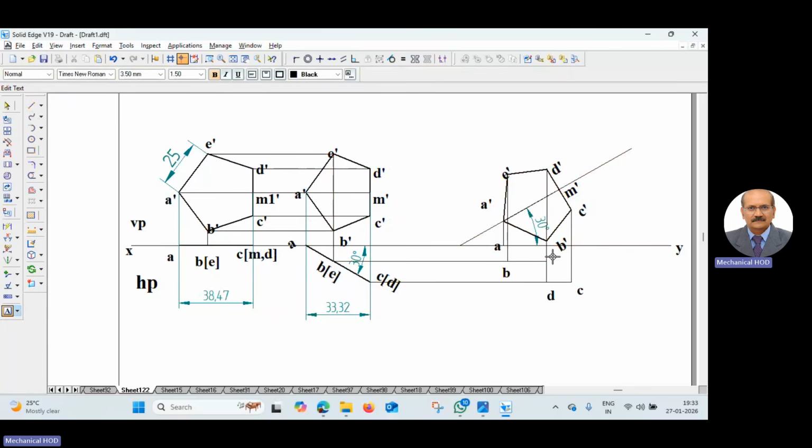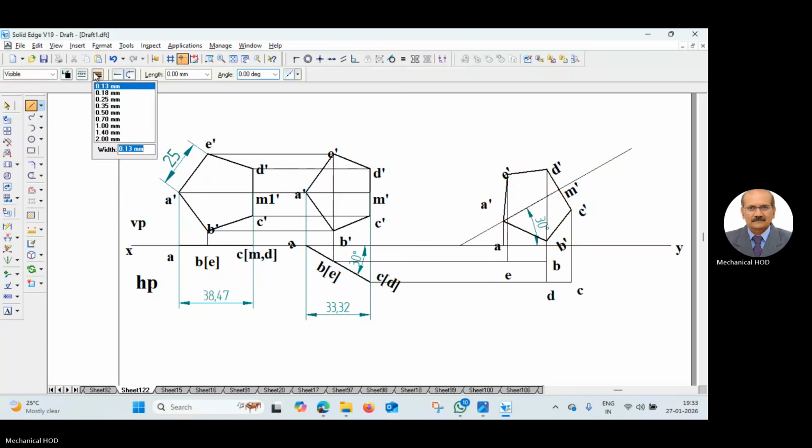Now this is B. And this is E. Name it correctly so that you will get the shape correct. Now after doing this, join A to B to C to D to E. Yeah, this is the end of this question.